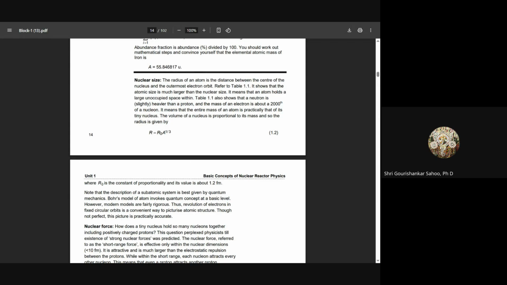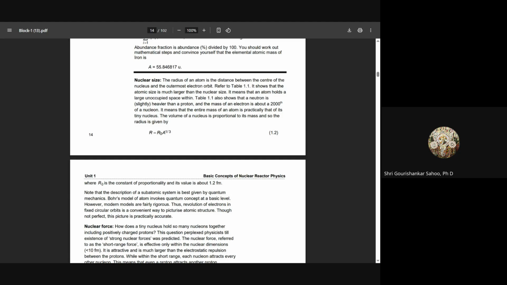Here R0 is the nuclear radius constant, A is the mass number, and R0 is a proportionality constant whose value is around 1.2 fm, 1.2 into 10 to the minus 15 meter.